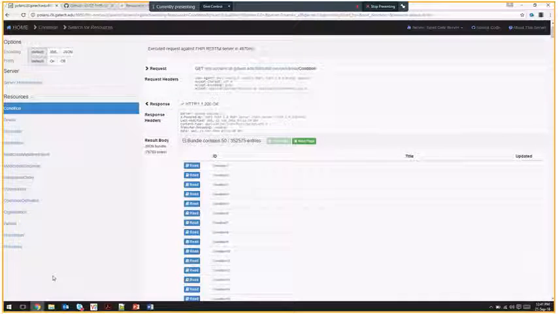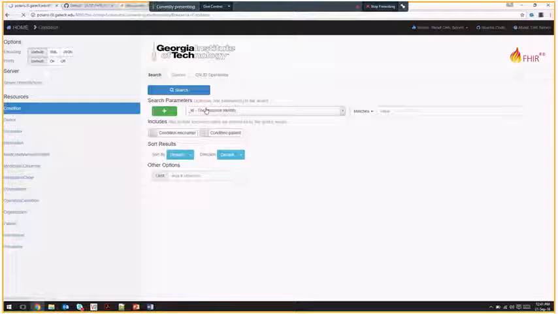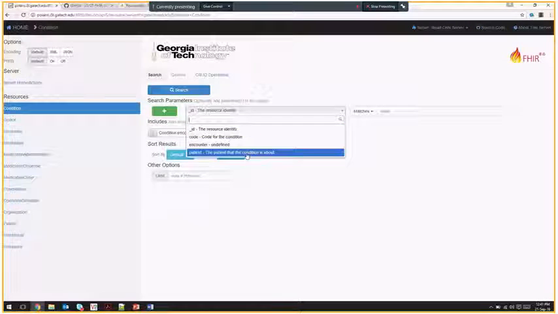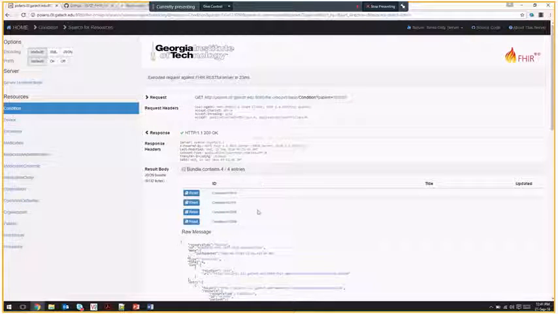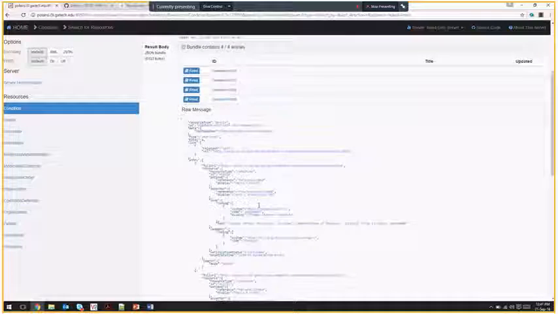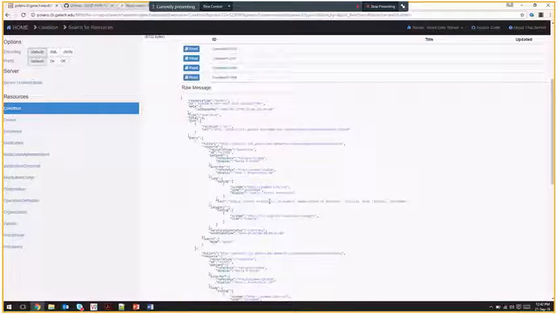If we search the condition using some parameters, say the patient ID, we get to know the particular condition regarding the patient. There are 4 conditions about Marla Dixon. She has a condition of simple chronic bronchitis and other conditions are specified here.